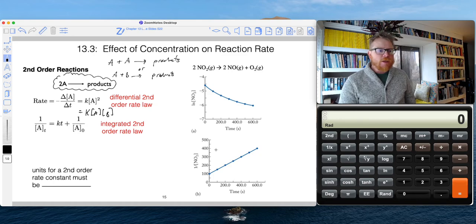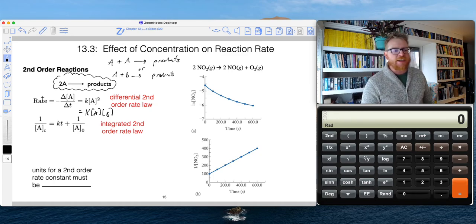So now if we were to do some calculus and integrate this, this is the equation that we would get. And of course, doing algebraic manipulation to get this in the form of a line, we can see this is going to be our y equals positive mx plus b.